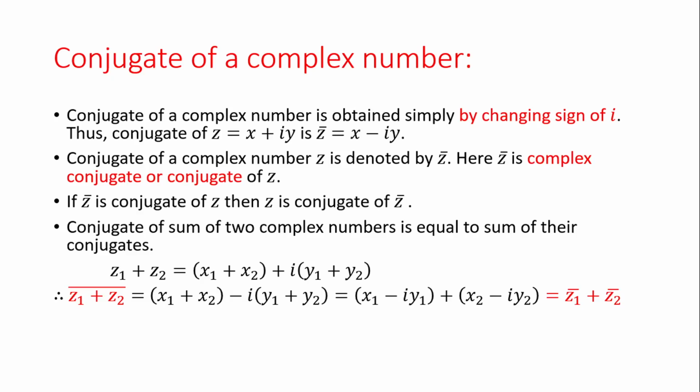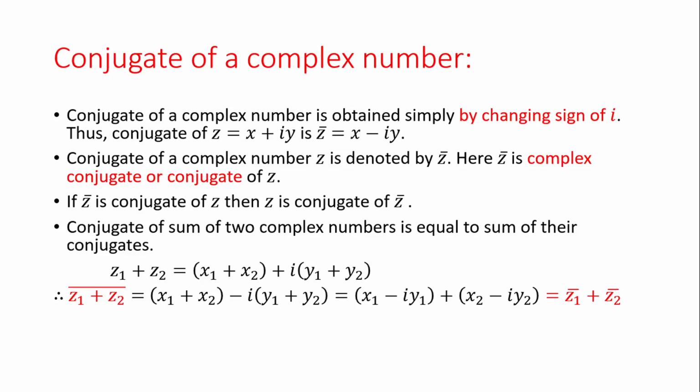So (z1 plus z2) bar is equal to x1 plus x2 minus i (y1 plus y2). And this we can simply write as x1 minus iy1 plus x2 minus iy2. So this is simply z1 bar plus z2 bar.